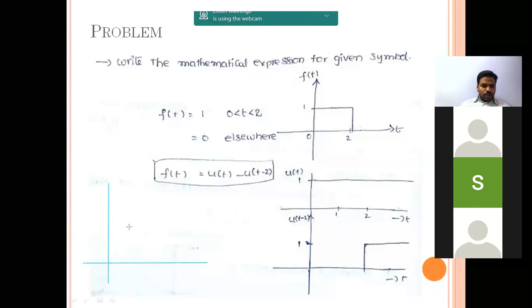Okay. So you have been given a graphical representation like this. This is the problem. See, forget about the solution. I will explain how this f of t is equal to 1 will come from this graphical representation. Just forget about this entire one. So write the mathematical expression for the given symbol. Symbol is this one. So here on y-axis, I am considering f of t.